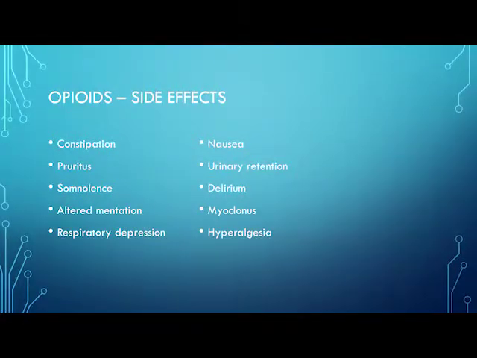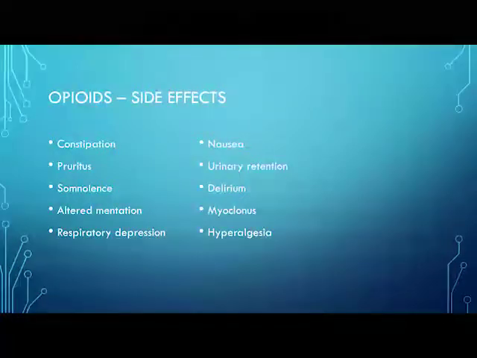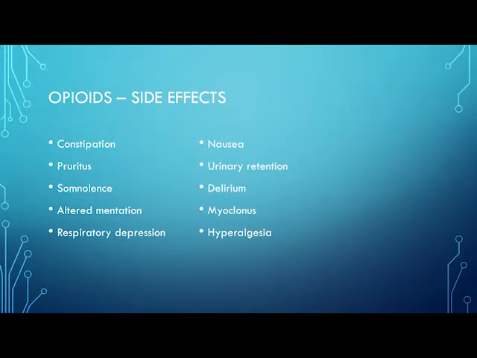It doesn't have to go in a nice linear fashion like that, but if you're increasing doses appropriately, you should start to get to the somnolence, the altered mentation, before you ever get to respiratory depression. And if you start seeing those signs and back off, you should never actually get to the point of respiratory depression. There are people who are really sensitive, who don't go in a nice order like that, but in general, it's important to know that.